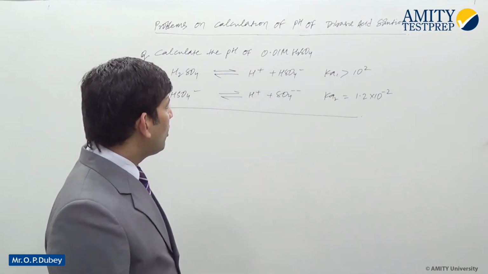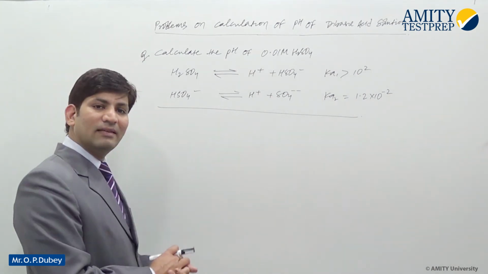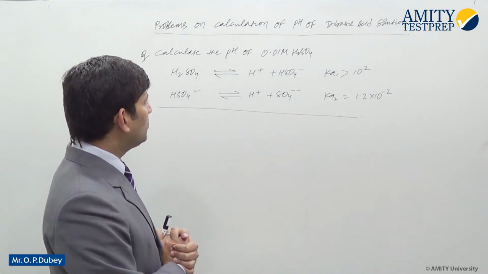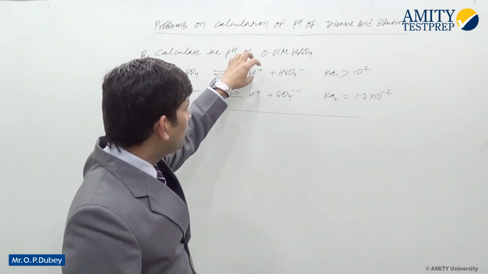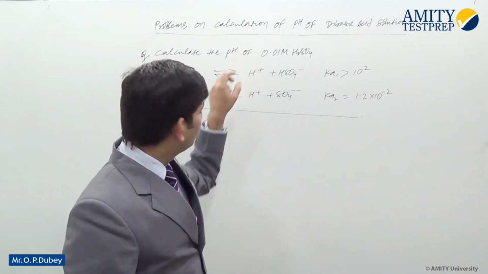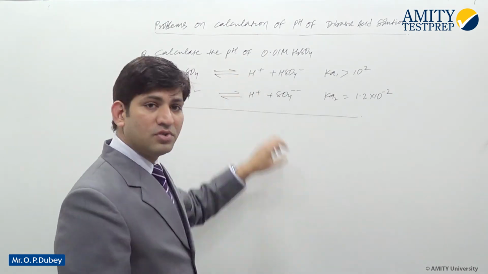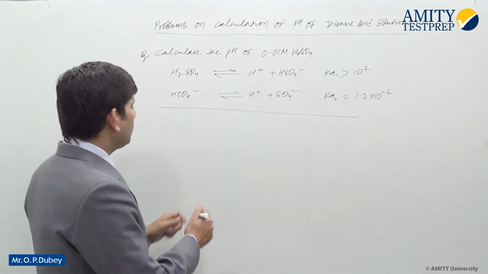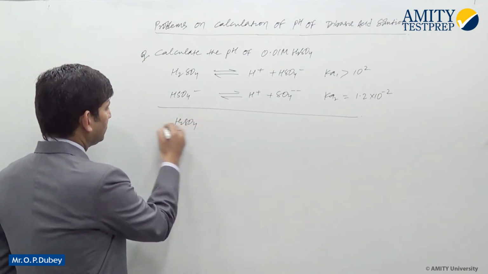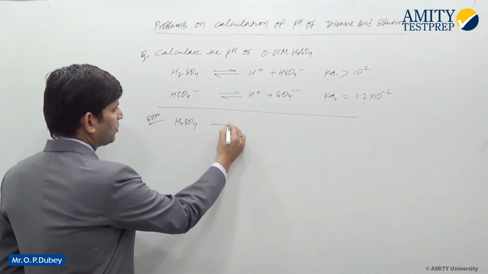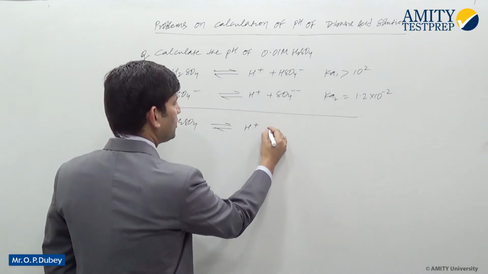Now the total H plus ion concentration in the solution is equal to the H plus ion concentration produced in the first step, and the second step also contributes H positive ion. In the first step, H2SO4 dissociates almost 100%.